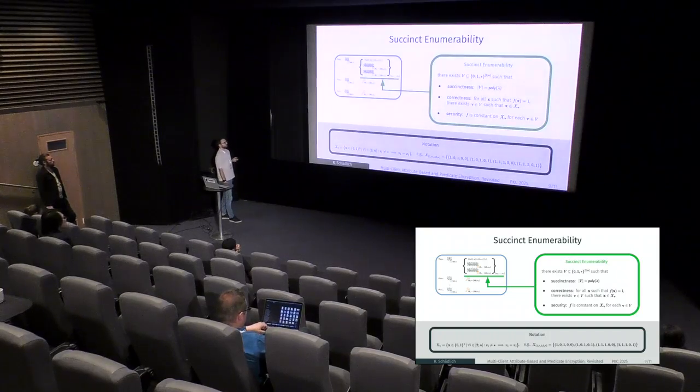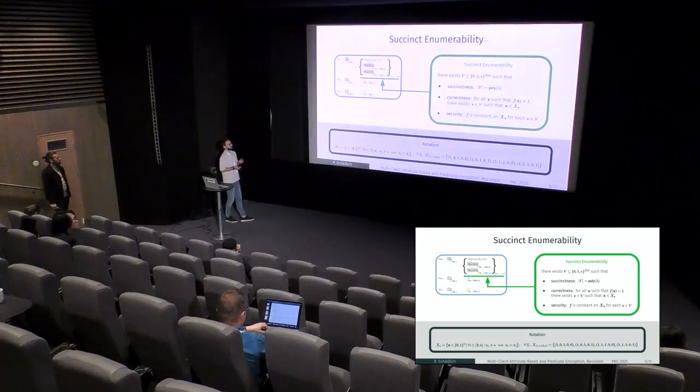And the way we do it is that this set, we define it to be vectors of bit strings over 0, 1, and star, where star is basically a wildcard that says the position does not matter. And then for each authorized x, we want an element in this succinct set v that coincides on the 0 and 1 positions, and for the star positions we can put any bit.